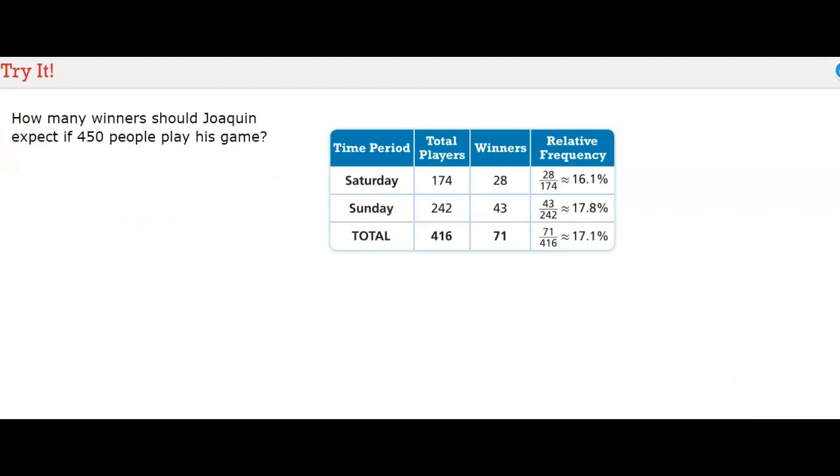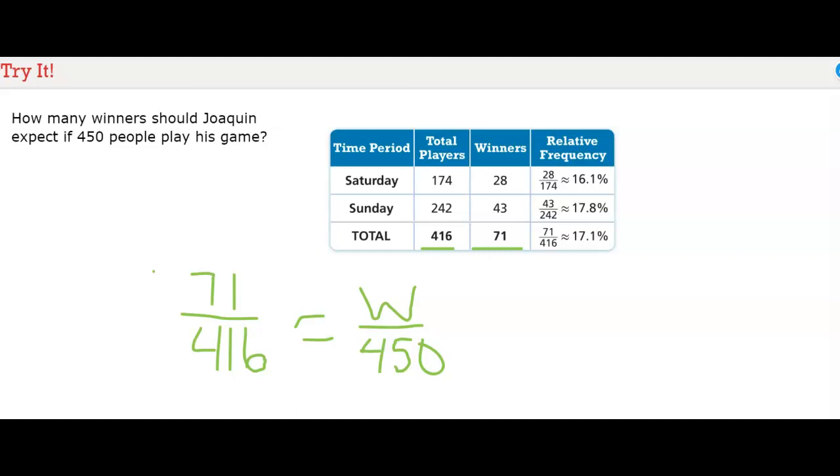We're going to use the same formula that was used in the example. The proportion used was 71, our total number of winners, over 416, the total number of people playing. They asked, what if 450 people played, how many winners would that be?